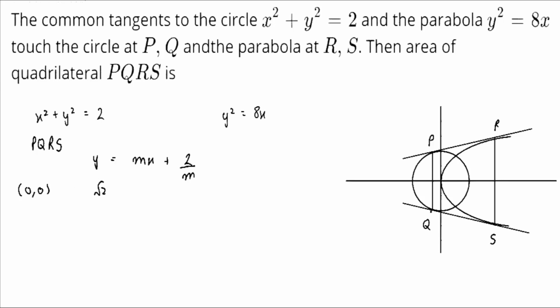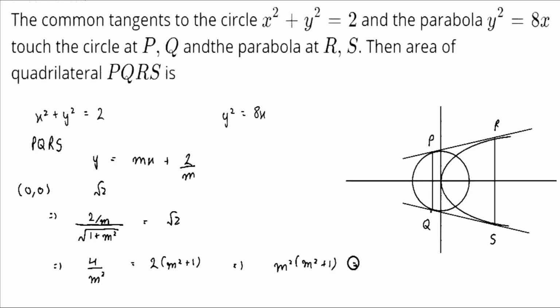So applying the formula, we get (2 upon m) divided by under root of 1 plus m square is equal to root 2. Now cross multiplying and squaring, we get 4 upon m square is equal to 2 into (m square plus 1). So this gives us m square into (m square plus 1) equals 2.